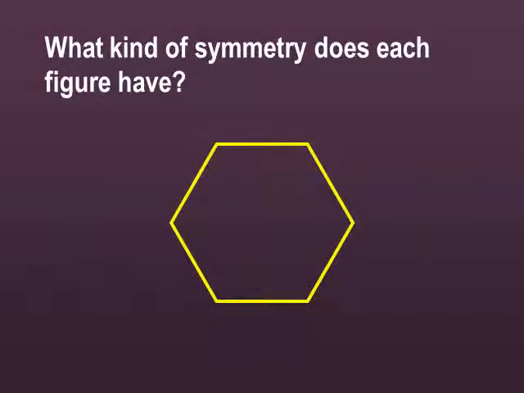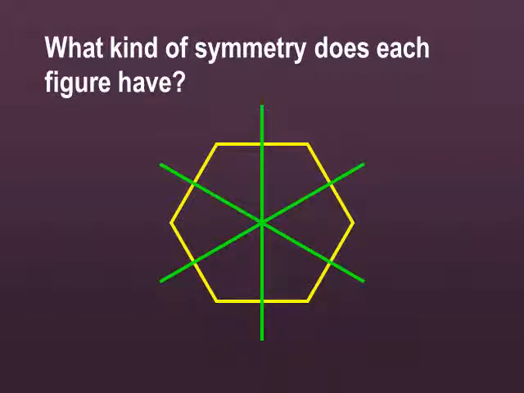So let's talk about what kind of symmetry this hexagon has. It's a regular hexagon. And if I go through the center, it has many lines of symmetry. This would be the bisector of every side. I could also do angle bisectors.